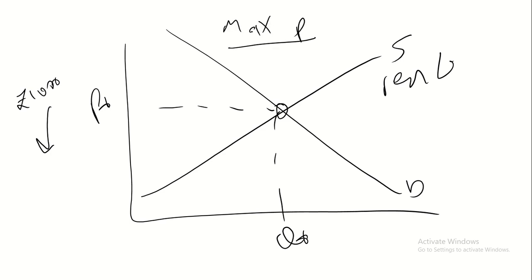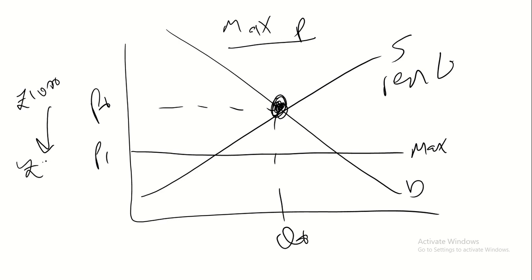Don't be confused by max thinking high as possible. Maximum prices go below the equilibrium. There are price ceilings. You can't go above the maximum, so this is no longer able to be legally charged. So the maximum price in London might now be £700 for rent.